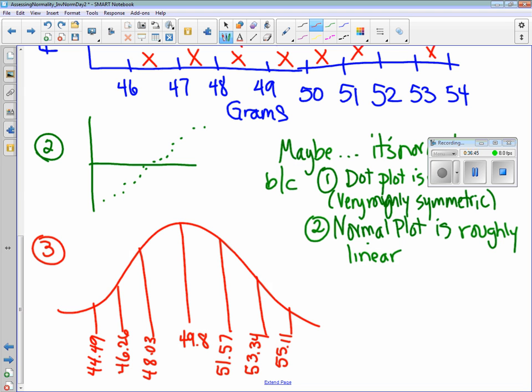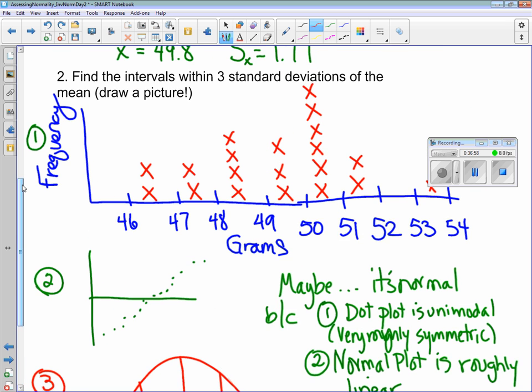Now, think about what we can do at this point, Temerson. Once we know 1, 2, and 3 standard deviations above and below the mean, tell me what this has to do with what we did up here.